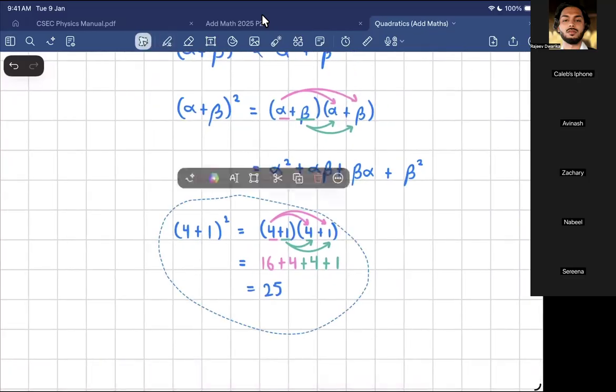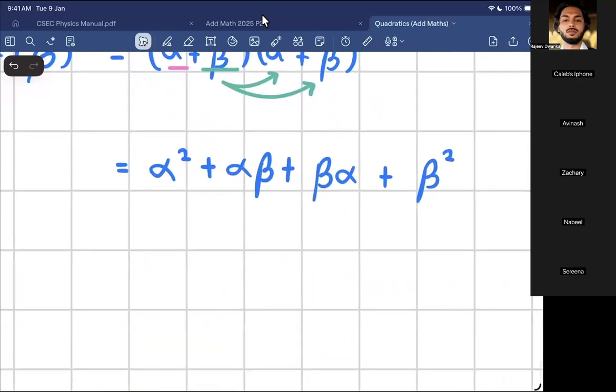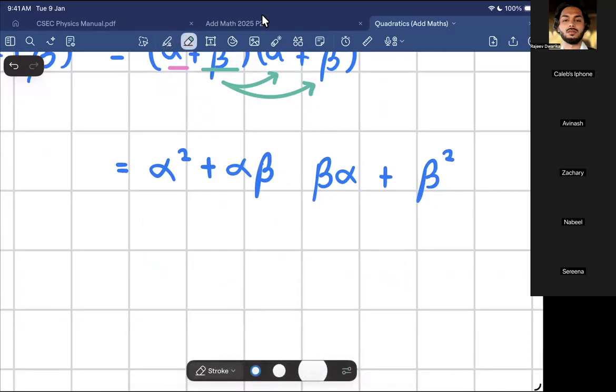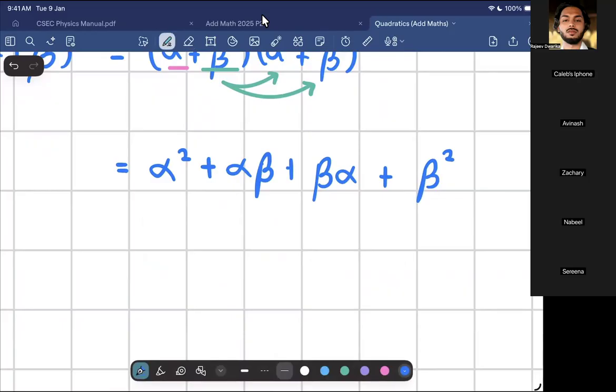Great. Question, guys. Is alpha by beta and beta by alpha two different things? Let me hear, guys. Are they two different things, or are they the same thing? The same thing. Nabil, do you know why it's the same thing?